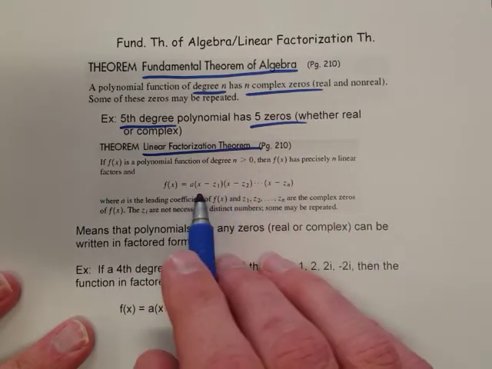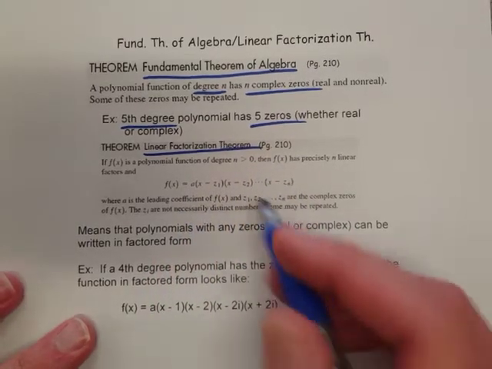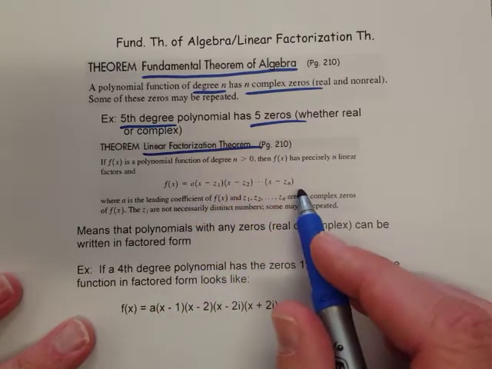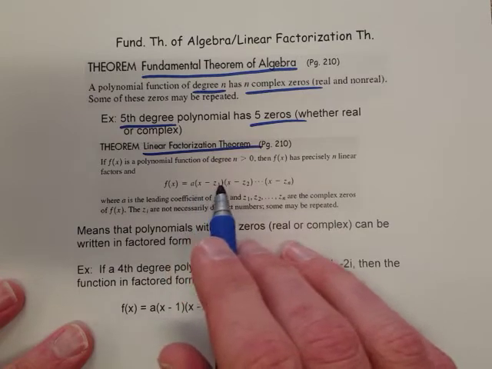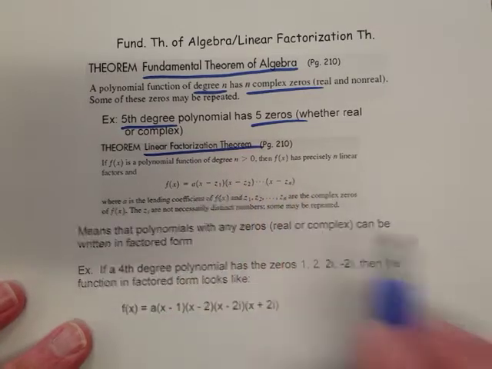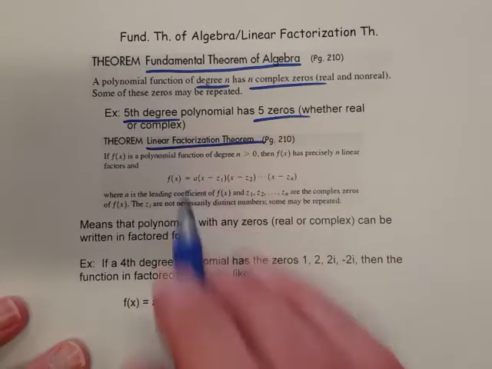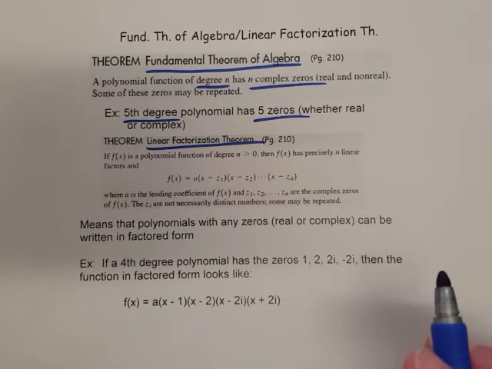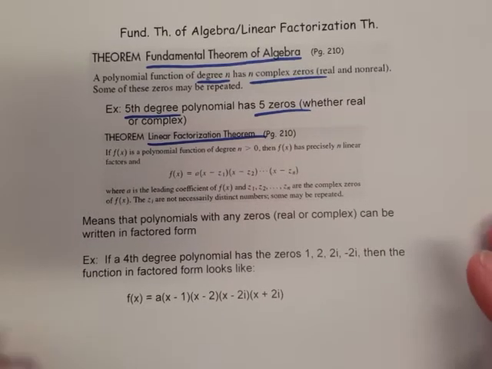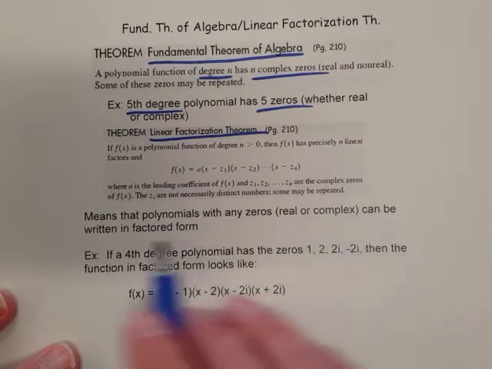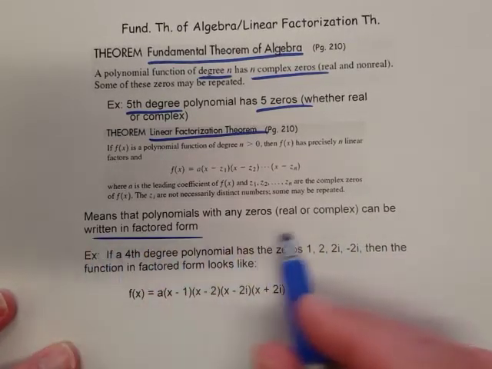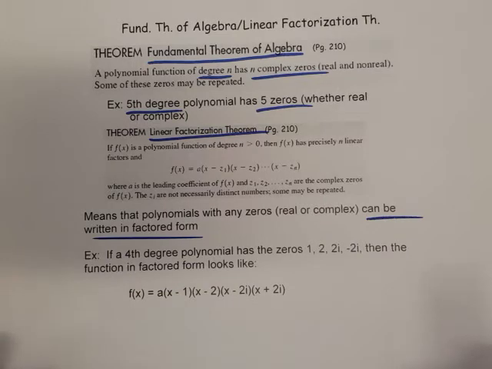So we've got this kind of arbitrary one here, x minus z1 and so on, meaning it's got all these different zeros, and we can write that factored out. You'll notice there is an a out in front, leaving room for a coefficient, but basically we can factor it and write them all out in that form. So polynomials with any zeros, real or complex, can be written in factored form. That's basically what this is saying.